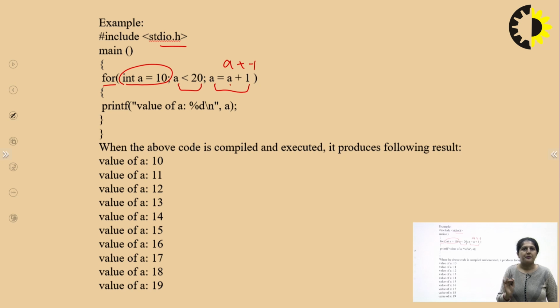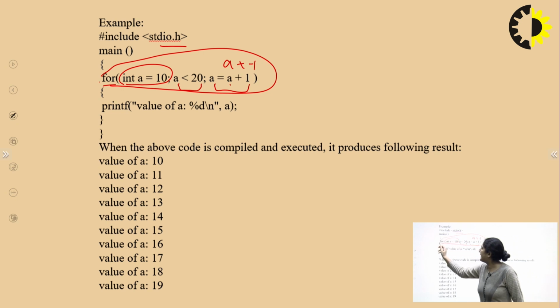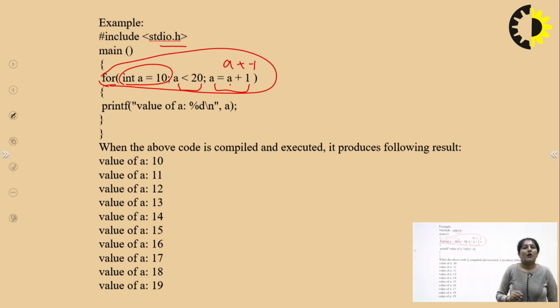Both are the same. In while and do-while, these statements come in 2 to 3 lines, but in for, it comes in one single line. So for loops are used most of the time. In a single statement, we have initialization, condition, and increment.